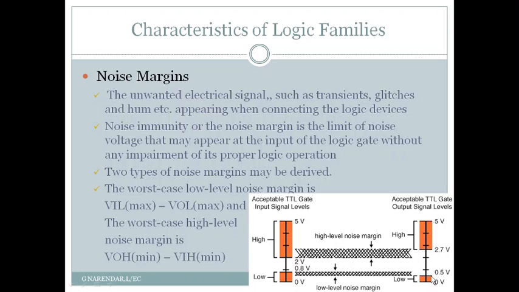So for the 0.5 volt, even if 0.3 volt of noise is added, it becomes 0.8 volt, and it is still treated as a valid voltage for a low input signal. And since it is a valid signal, the circuit will operate without any impairment.